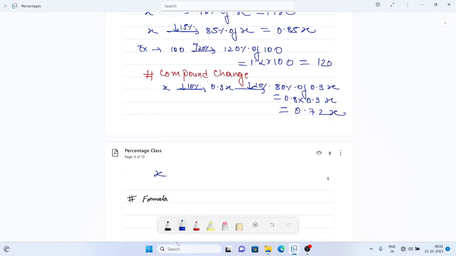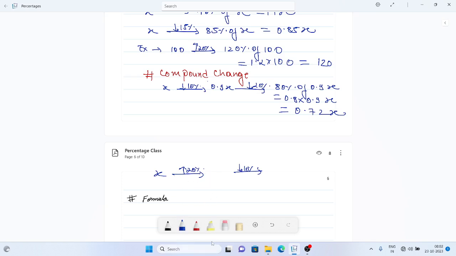Similarly, if x is increased by 20%, okay, and then decreased by 10%, let's say. Sorry, here I made a mistake.